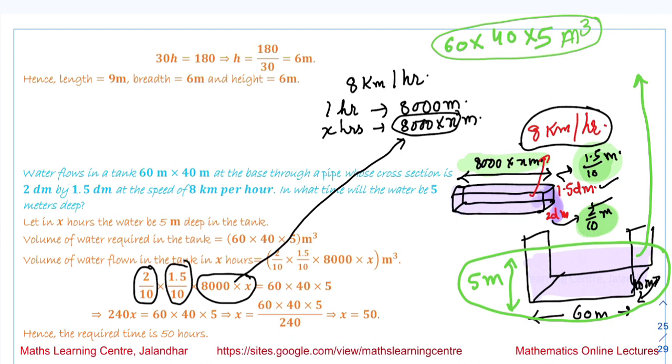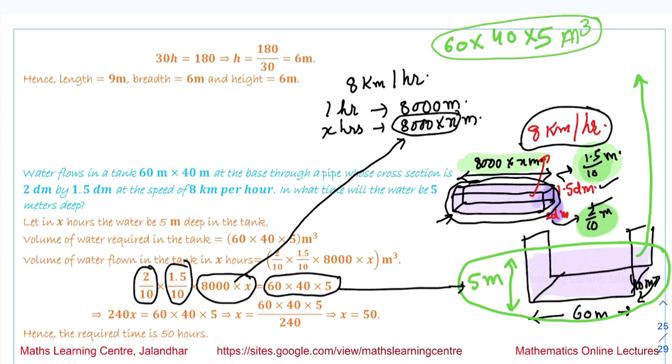So this is the volume of the water that has traveled in this pipe in X hours, and that should be equal to 60 into 40 into 5, that is the amount of the water in this tank.